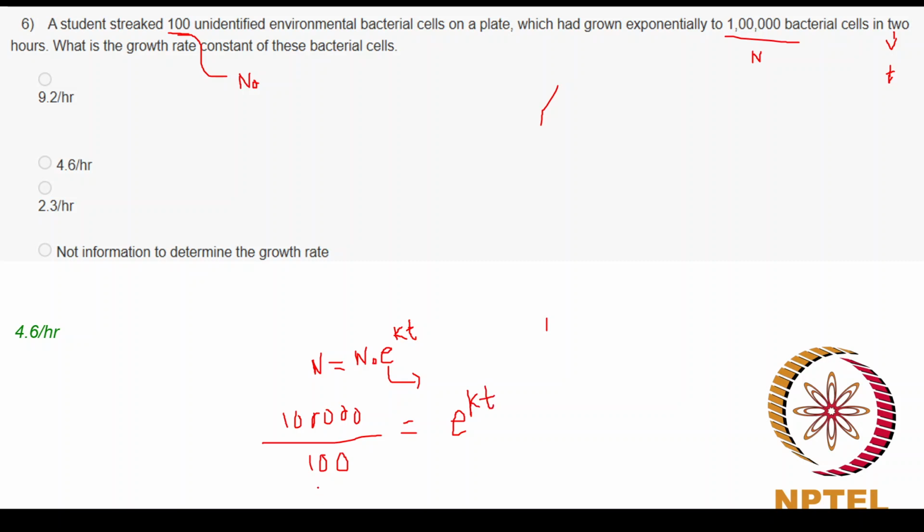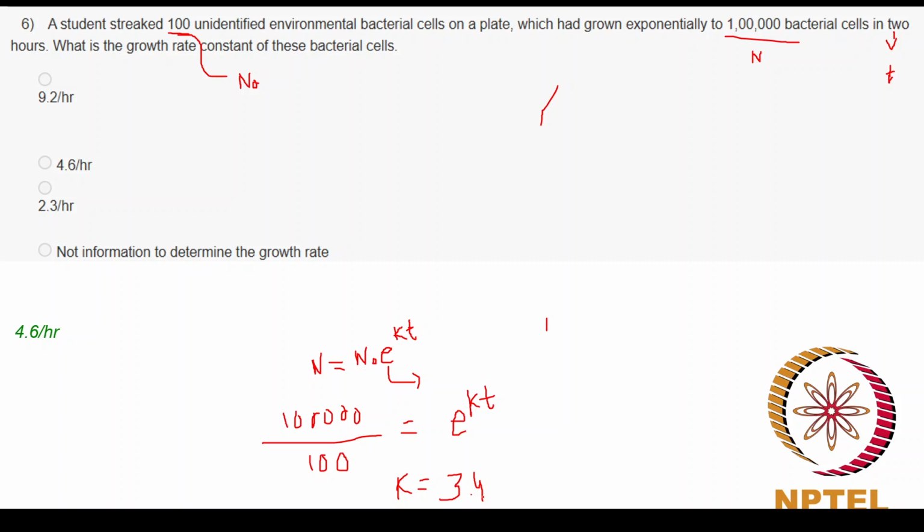Then whatever it comes out, the k value will be something like 3.4. So that will be the correct answer. So no deduction for this particular question.